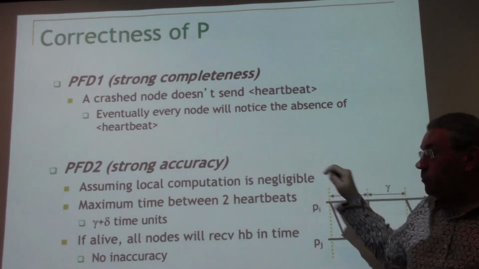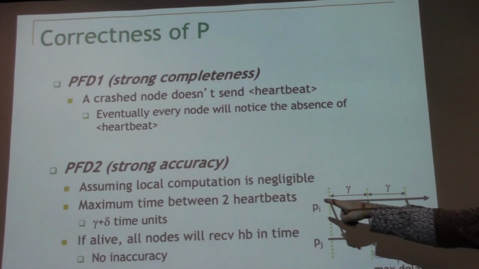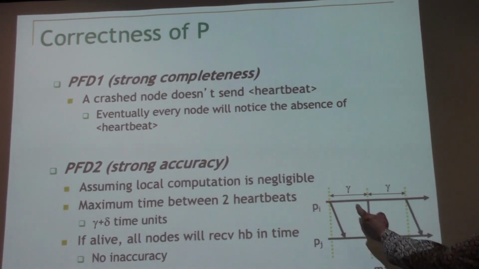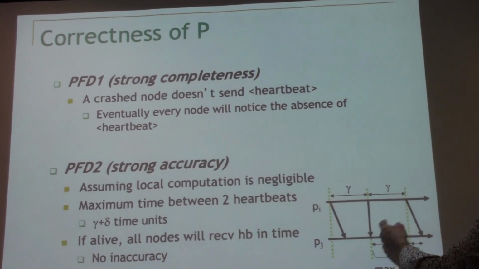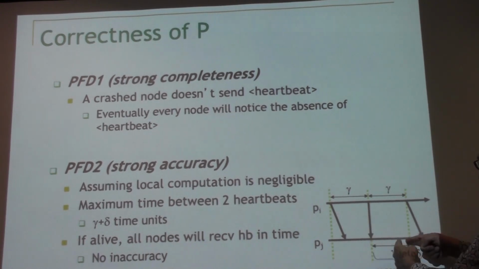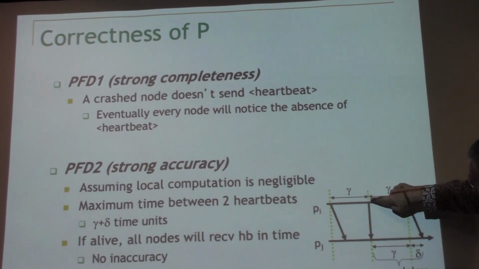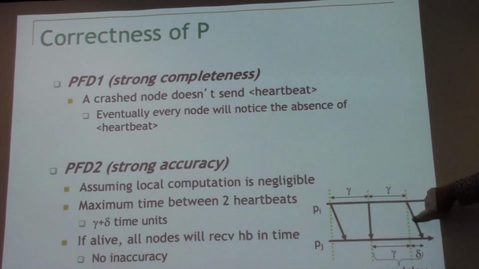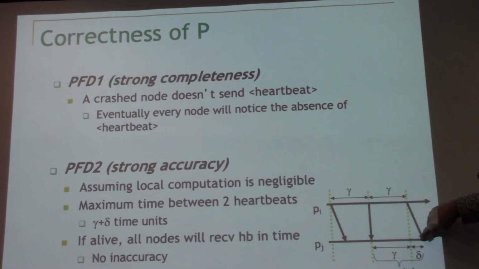Assuming local computation doesn't take any time, consider the maximum time between two heartbeats. Notice PI is sending heartbeats every gamma, but the messages take time. So the maximum time between two heartbeats is gamma plus delta. If this one takes 0 time, and this one takes maximum time, this is the maximum that it can take.